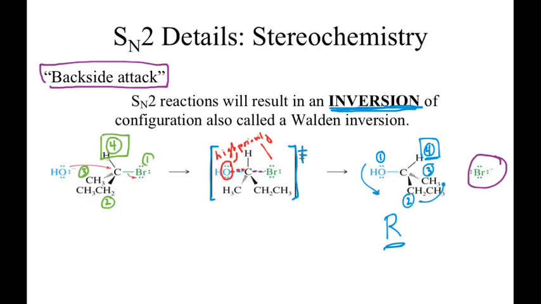Because the lowest priority isn't aimed correctly, what I'm going to do is rotate about my carbon-bromine bond to get the hydrogen aimed away, so the carbon and the bromine are still in the same plane. Okay, and as I do my rotation backwards, the hydrogen will now be aimed away. Our CH3 will be aimed at us, and then our ethyl, our CH2, CH3 will be aimed up.